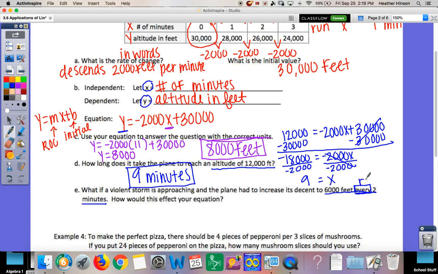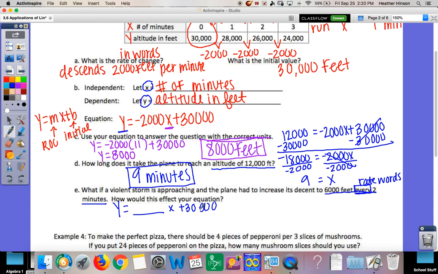Because it has a rate word, that means we're going to change our rate of change. So we're not going to use negative 2,000. We're still going to keep plus 30,000 because we're still starting at the same height. Let me take that comma out real quick so I don't mess y'all up when you write your answers.